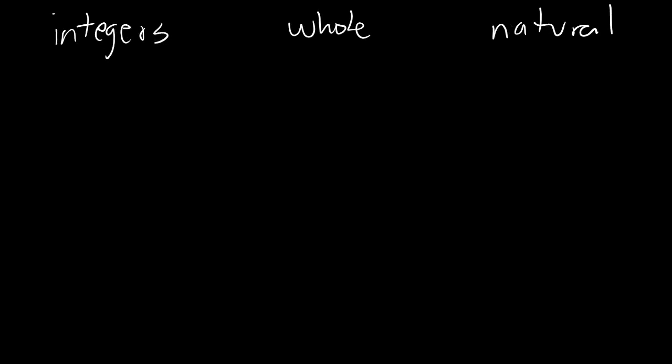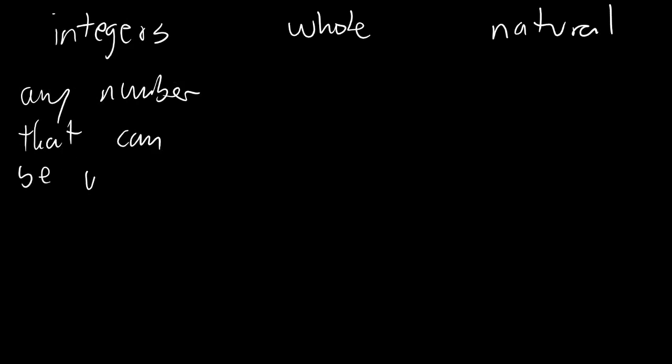All right. The next couple of things we're going to talk about are integers, whole numbers, and natural numbers. So integers are any number that can be written without decimals.